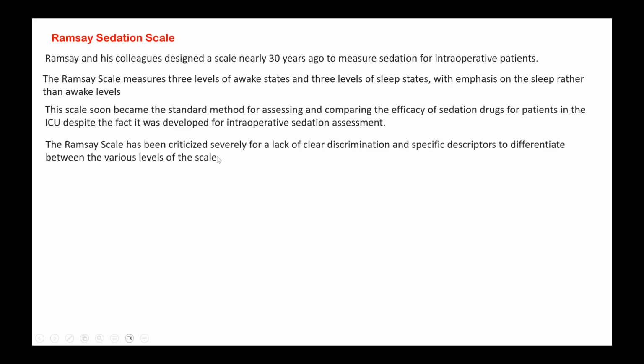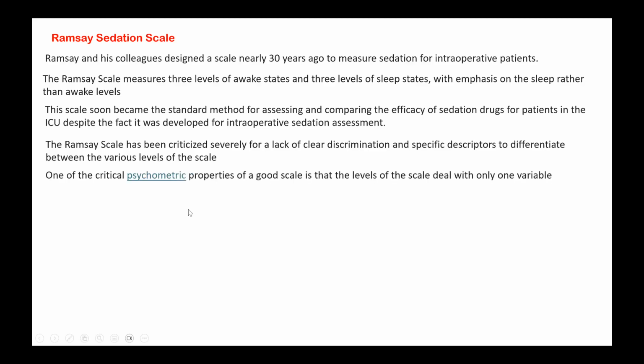And it is criticized severely for lack of clear discrimination and specific descriptions to differentiate between various levels of the scale. And that is the reason why this Ramsay sedation score has been modified with two more levels, to get out of this particular criticism that this is not a very clear-cut distinction or differentiating scale for assessing sedation in patients.